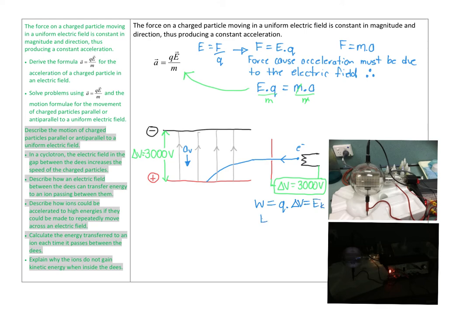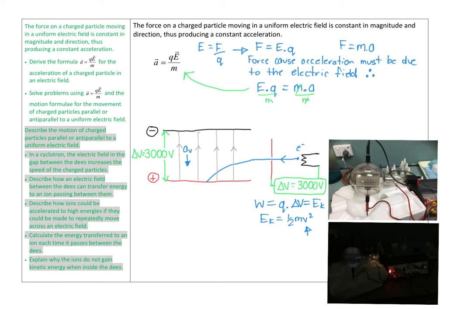And then we know that kinetic energy is equal to a half mv squared. So if we know the kinetic energy and we know the mass of an electron, we can rearrange that formula and we could calculate the velocity of those electrons. I won't do that right now, but I'd hope at year 12 that you would be able to do that.